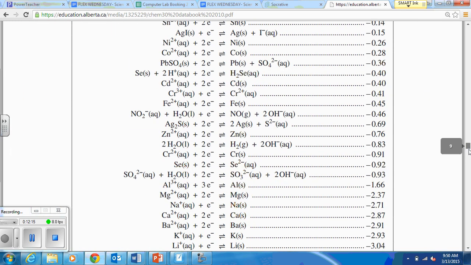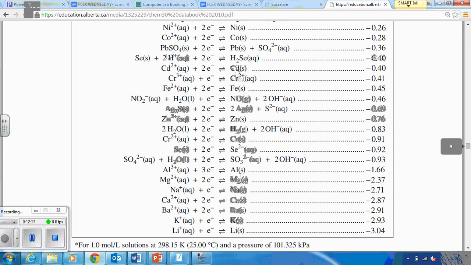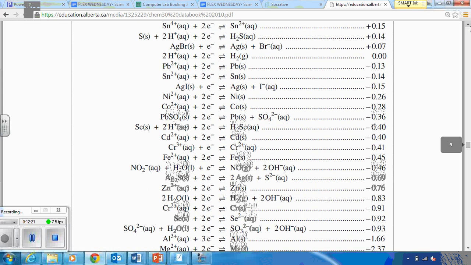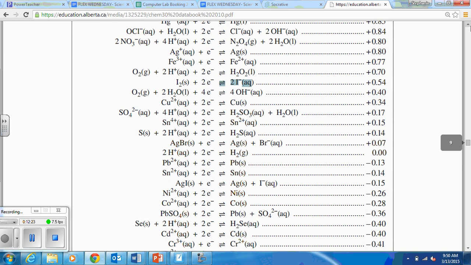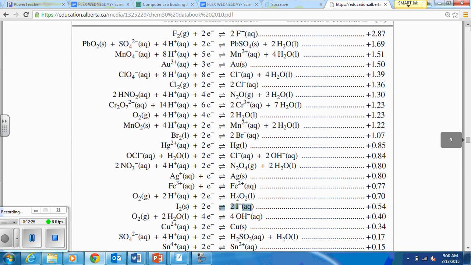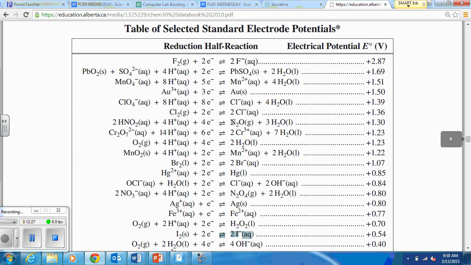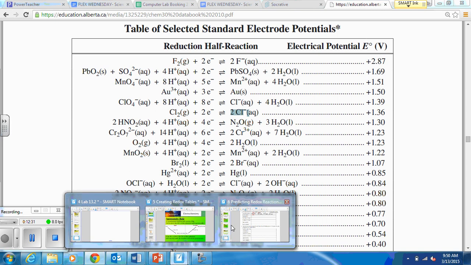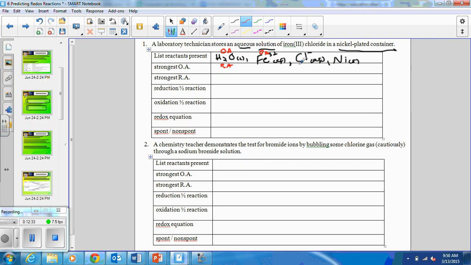So if you look along the right-hand column, you'll see Cl- way up here. So Cl- is an RA. And then solid nickel is also an RA. So I've got water and I've got iron 3 as my only two oxidizing agents.